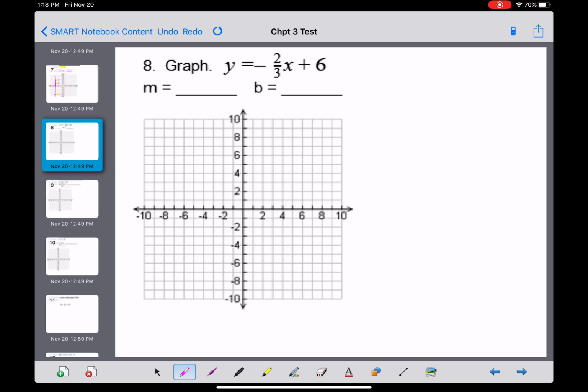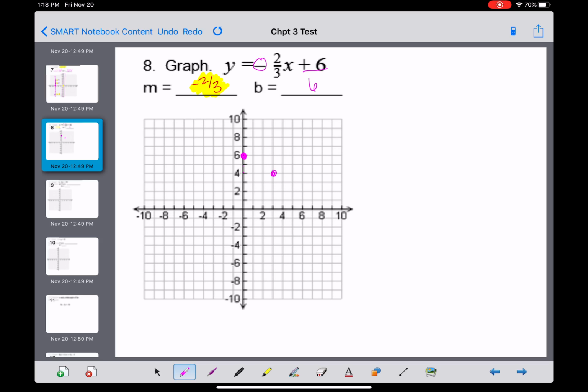My slope for y equals negative 2/3 x plus 6 is negative 2/3, y-intercept of 6. So when I go to graph, I'm going to start at the y-axis at 6. It's a negative slope. We had a lot of students that missed the fact that it was negative. So I'm going to go down 2 units and to the right 3.